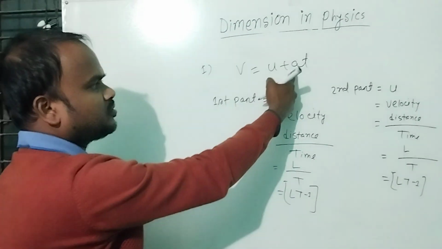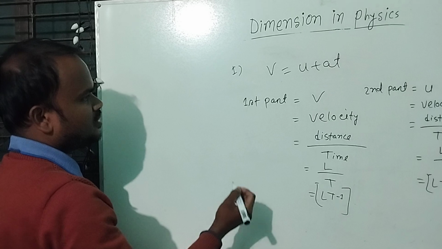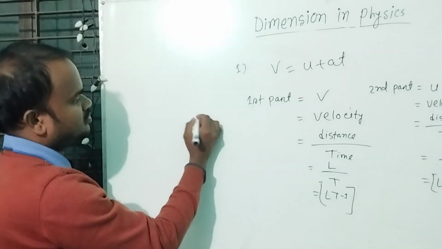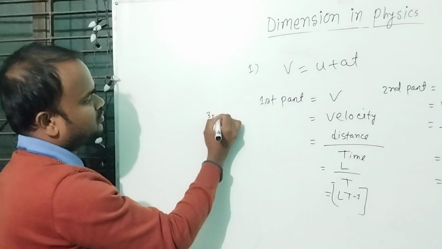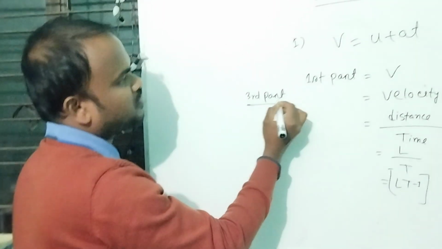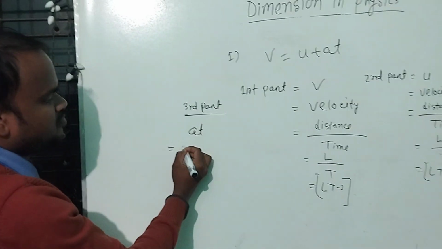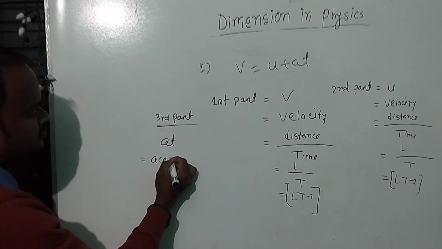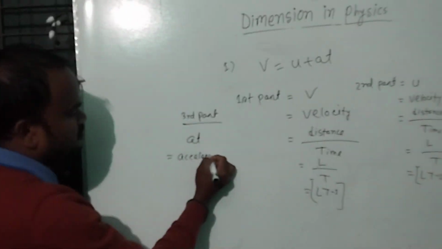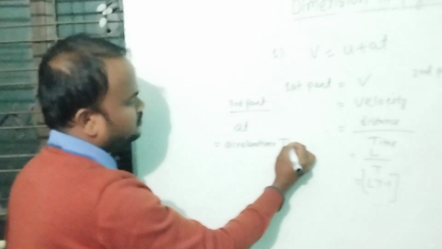And the final part of the equation is at. The third part, at. So a means acceleration, and t means time.